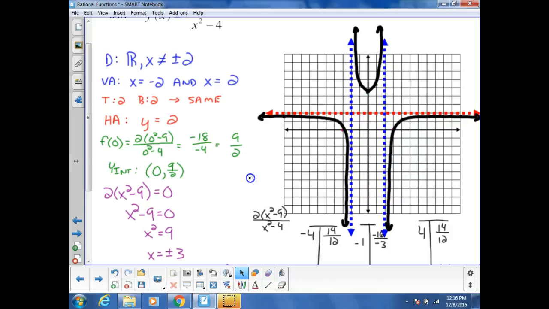As x approaches negative 2 from the right, my function goes to positive infinity. As x approaches positive 2 from the left, my function goes to positive infinity. And as x approaches positive 2 from the right, it goes to negative infinity. And end behaviors.